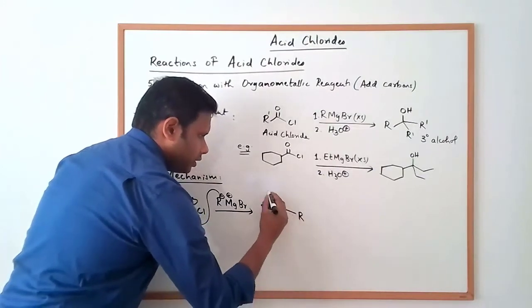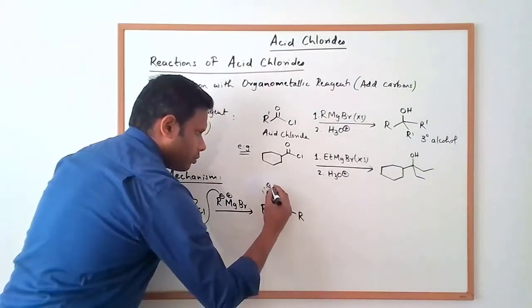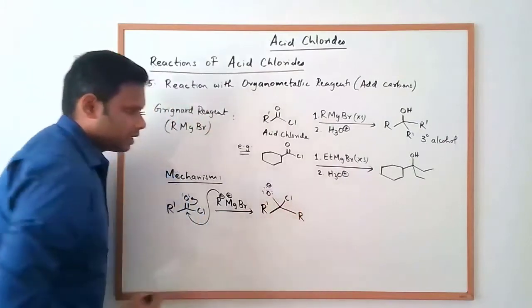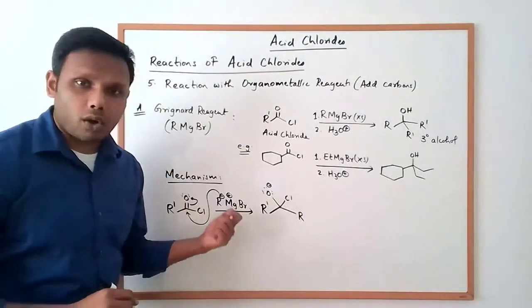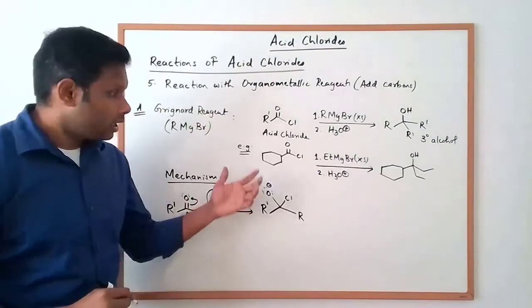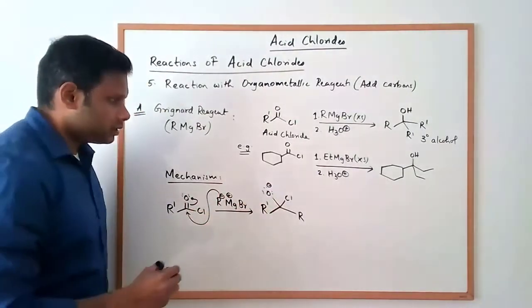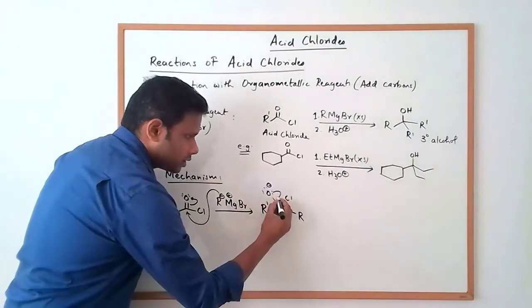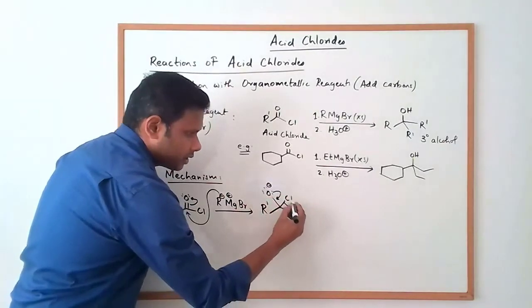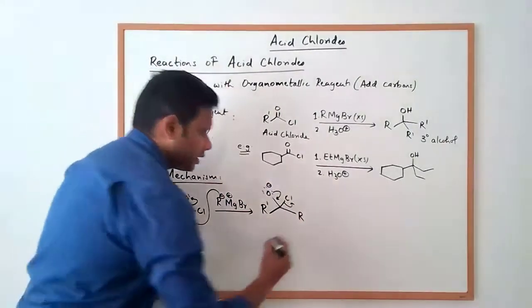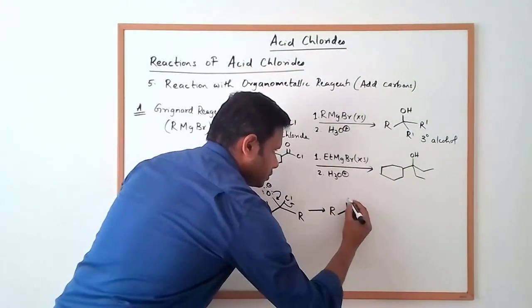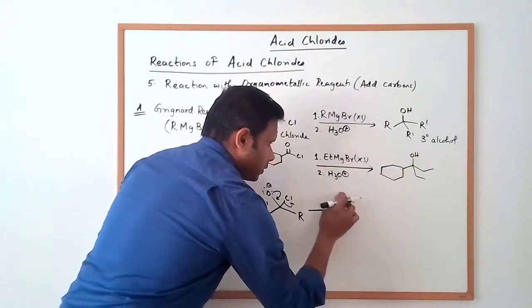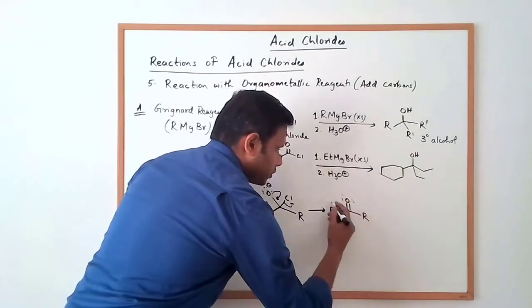So R prime, we've got O minus, Cl. Now from this intermediate, again, like all nucleophilic substitutions under nucleophilic or basic conditions, the tetrahedral intermediate collapses and the chloride gets kicked out. So this will bring us to now a ketone.